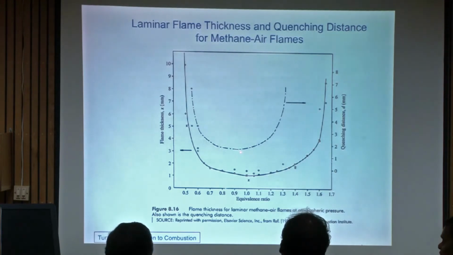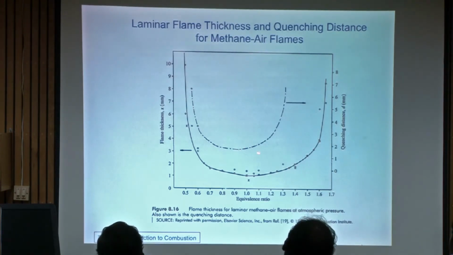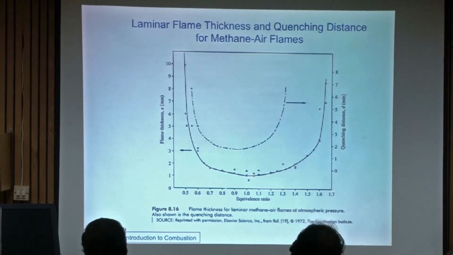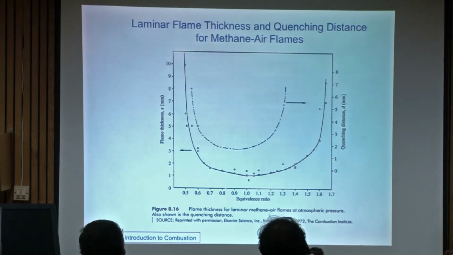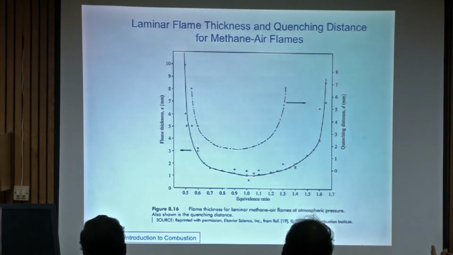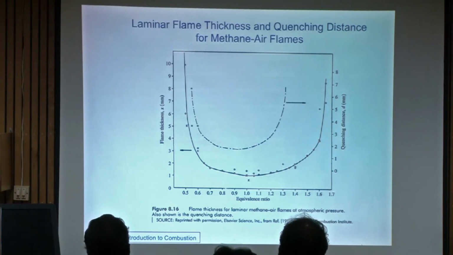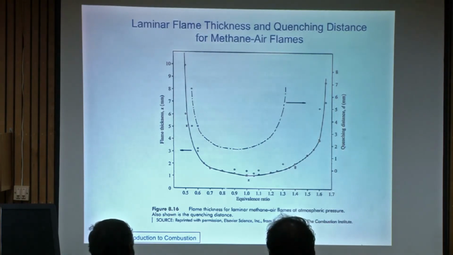You have to focus on the minimum value, because your operating condition may be near equivalence ratio 1. So that's about 2 millimeters here, for methane air flames. This is for premixed flames. This is very old data, from 1972, from the Combustion Institute. This is the reference in the book.